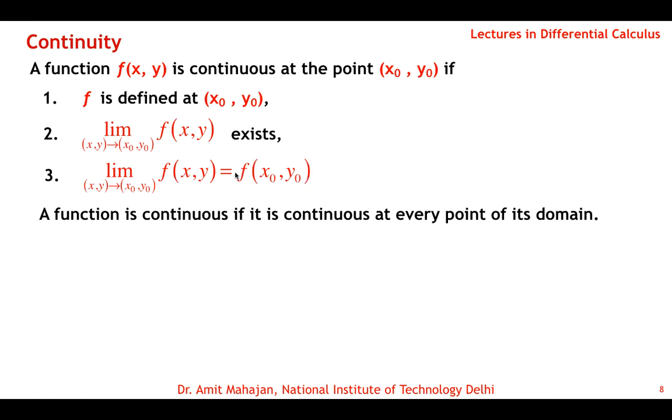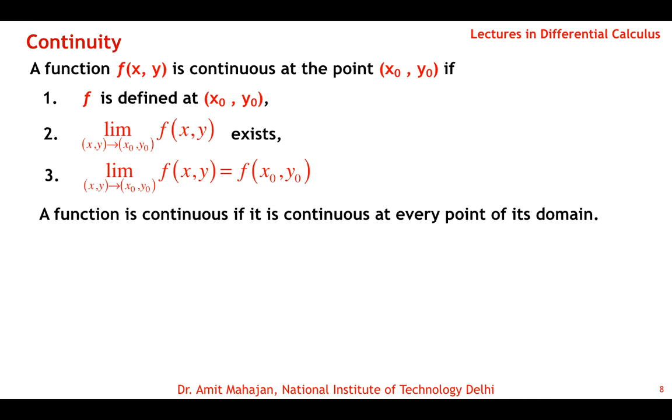So for the formal definition of continuity, as in one variable, to extend it to two variables we can write that for every epsilon positive there exists a delta positive such that the modulus of f minus f at (x naught, y naught) must be less than epsilon whenever the point (x,y) lies inside the disk of delta distance from the center (x naught, y naught). So 0 less than the square root of (x minus x naught) squared plus (y minus y naught) squared less than delta. So this is the definition.